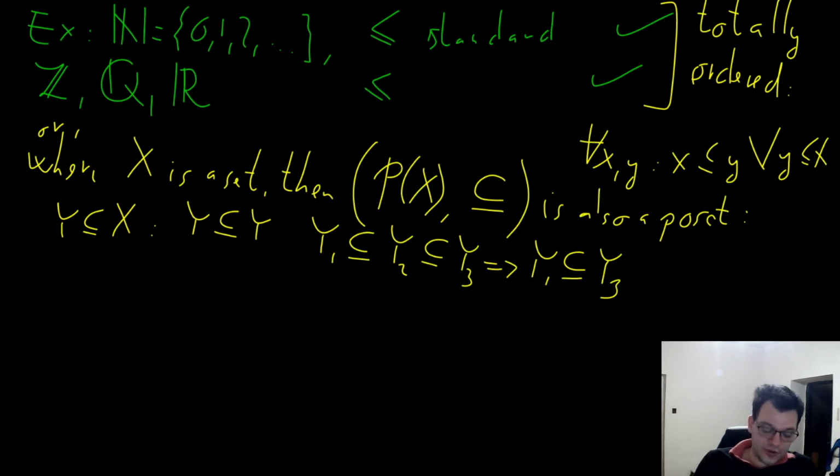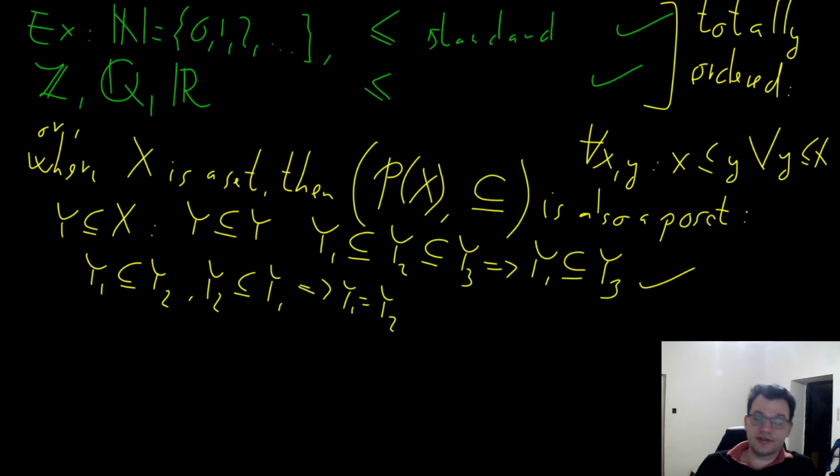And the third one: if y1 is a subset of y2 and y2 is a subset of y1, then of course they are the same. So yes, power sets are always partially ordered sets, but not always totally ordered sets.